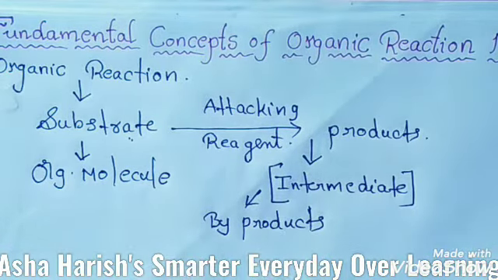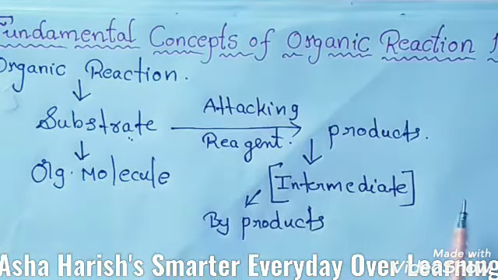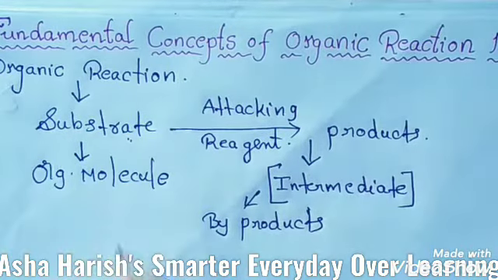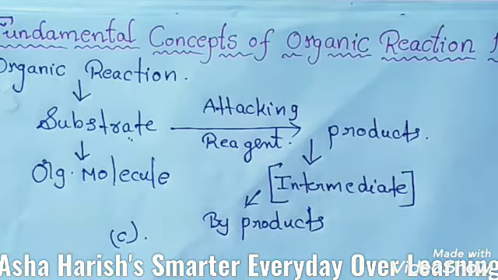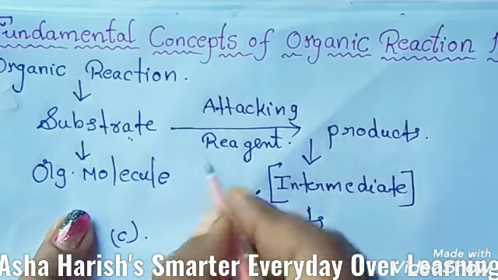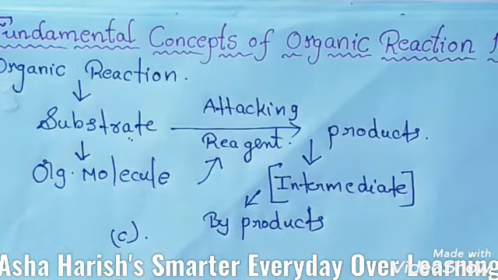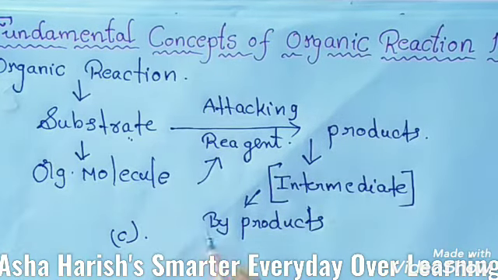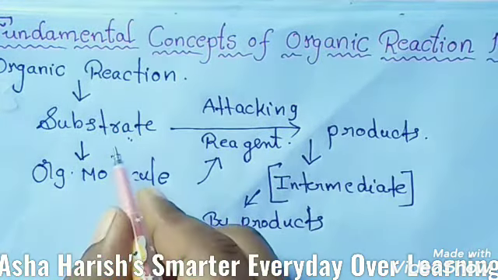The substrate is that reactant which supplies carbon for the formation of a new bond, while the other reactant is called the reagent. If both the reactants supply carbon to the new bond, then the choice is arbitrary. Usually the molecule on which attention is focused is called the substrate.